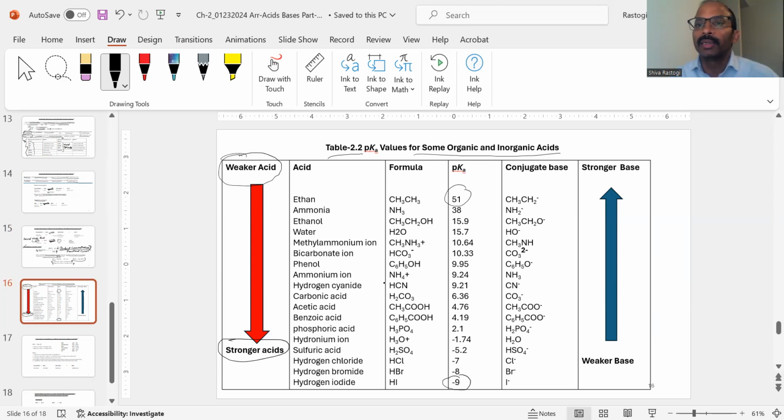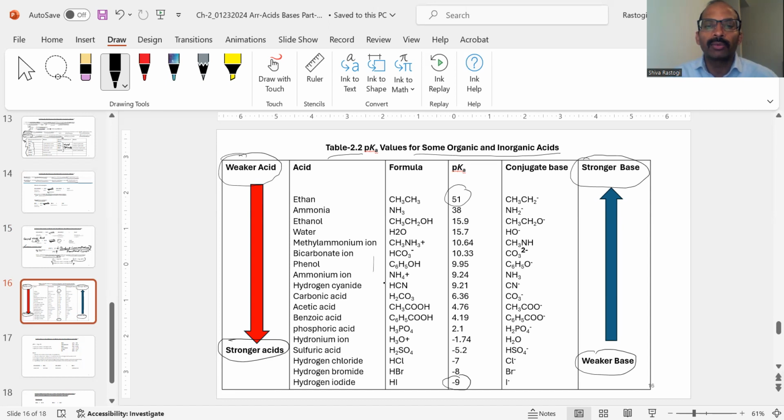On the other hand, if the pKa value is very high, then it will be considered a very strong base, and if the pKa value is very low, it will be considered a very weak base. As you can see here: ethane, ammonia, ethanol, water, ammonium, methyl ammonium ion, bicarbonate ion, phenol.